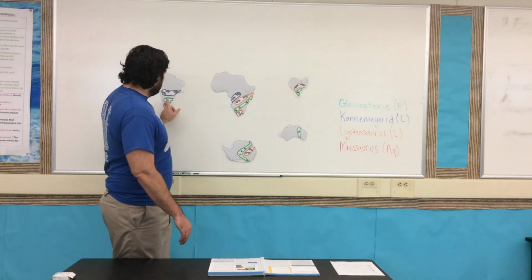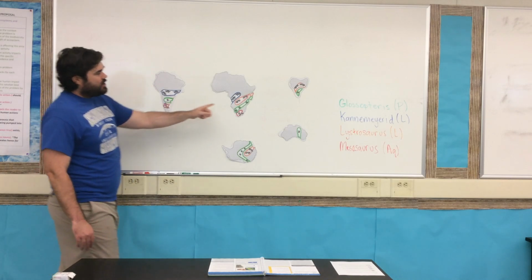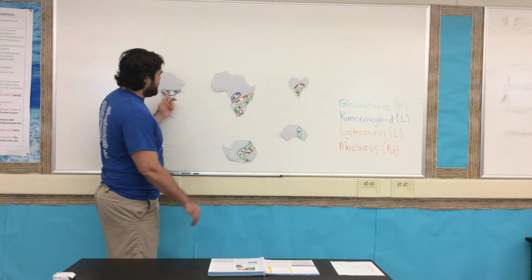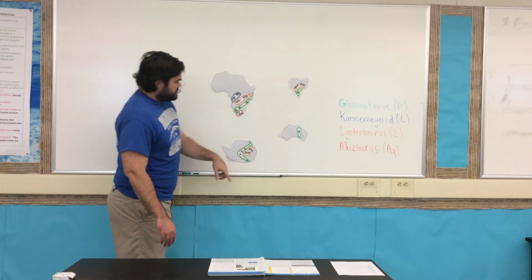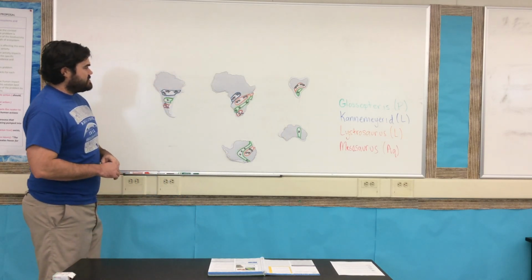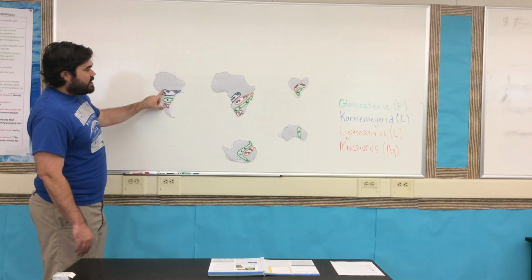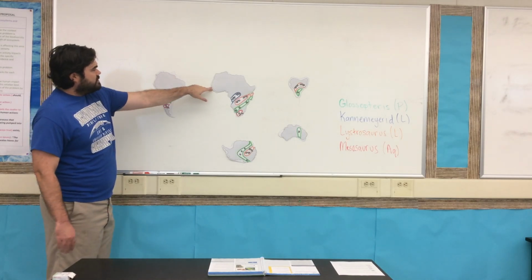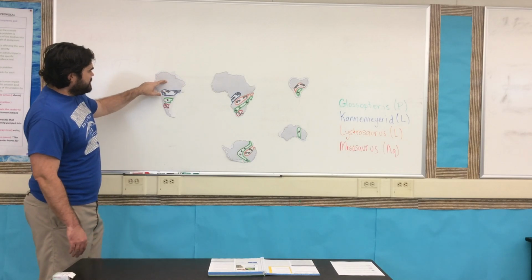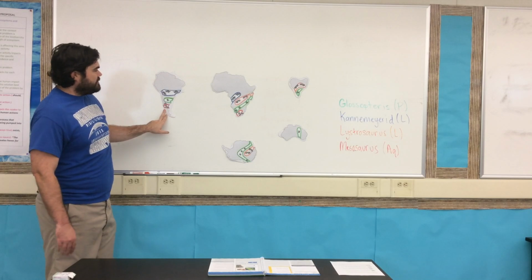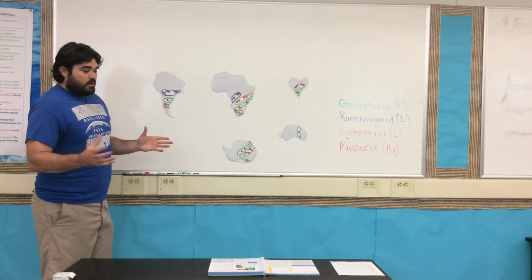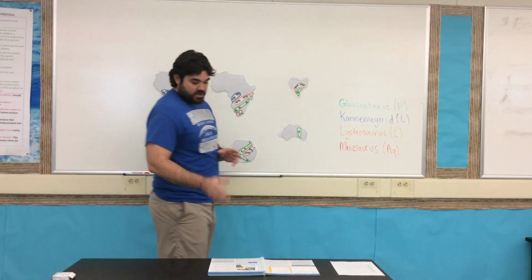Glossopteris, which is a plant, can be found on all of them: South America, Africa, India, Australia, and Antarctica. Then we have Cynognathus, which can be found on both Africa and South America. And finally, Mesosaurus, which can be found on both Africa and South America. Make sure you write those down on question number 6.